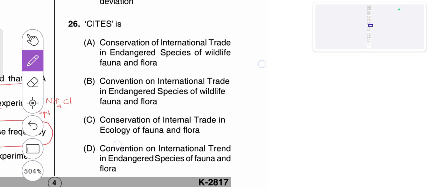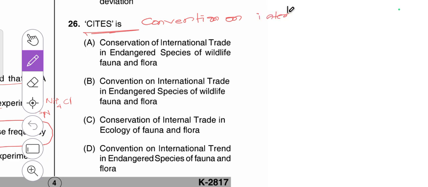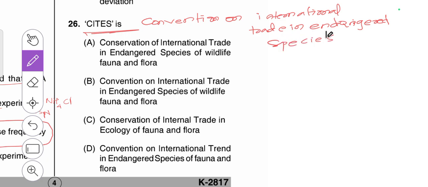Then next question, CITES. CITES means Convention on International Trade in Endangered Species of Wild Fauna and Flora.